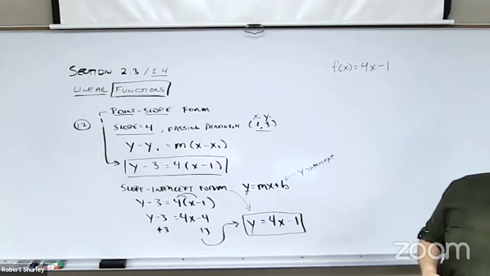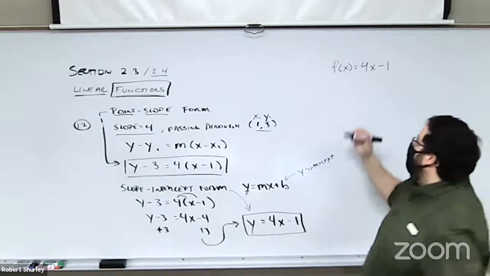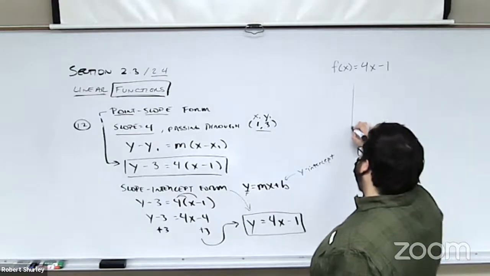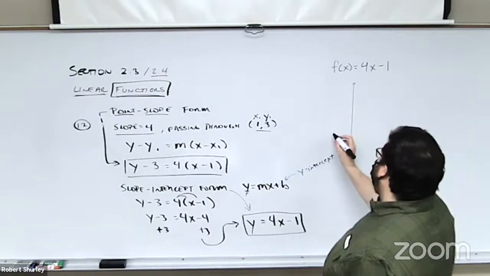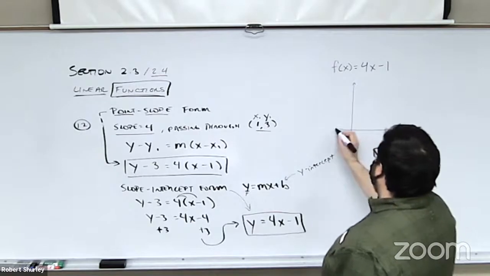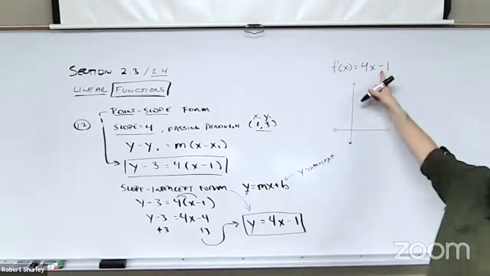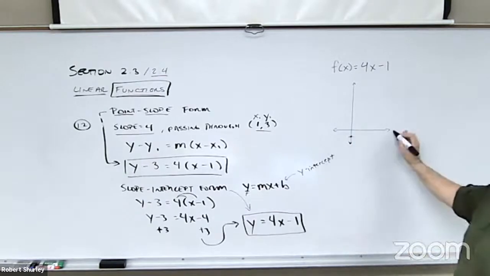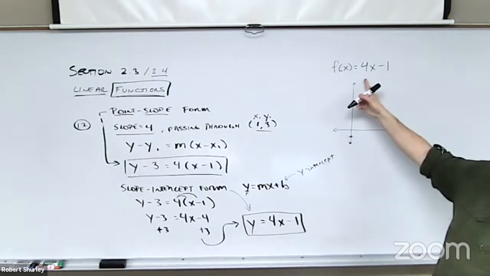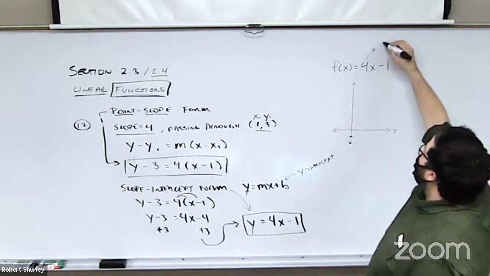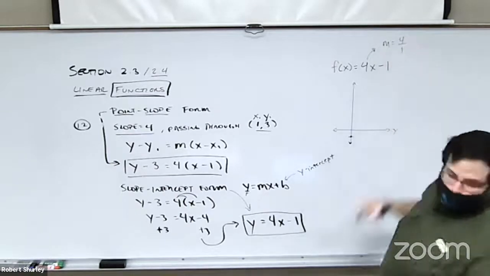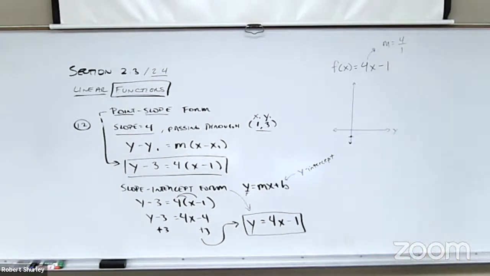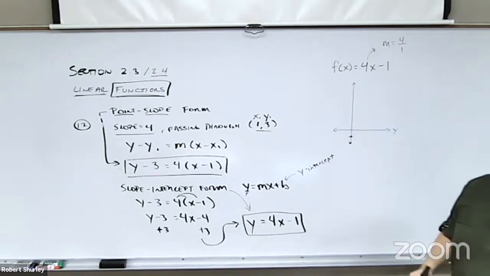What's nice about this form is we can graph right out of it, okay? We could graph this line right out of this form. We know the y-intercept is negative 1, so our y-intercept is right there. And we know the slope is 4. If the slope is 4, we need to think of it as 4 over 1, right? We need the rise and we need the run.